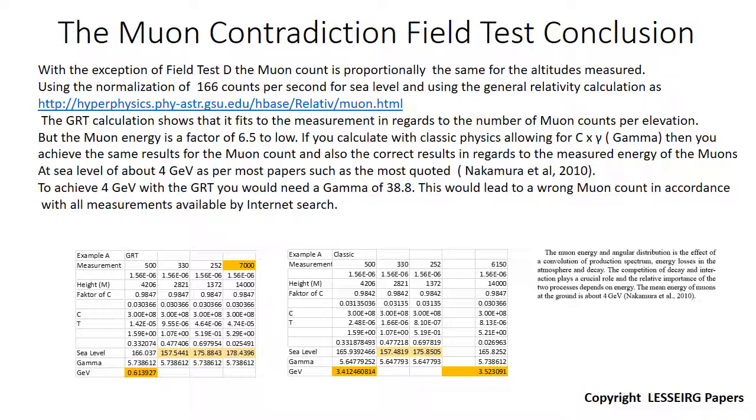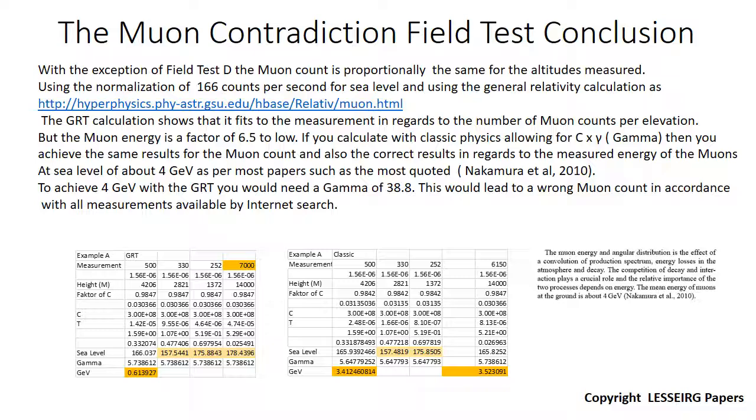So the black eye, or the egg on your face, is actually when you then do the calculation for the energy of the muon at sea level, and lo and behold, you only reach basically 0.6 giga-electronic volts.